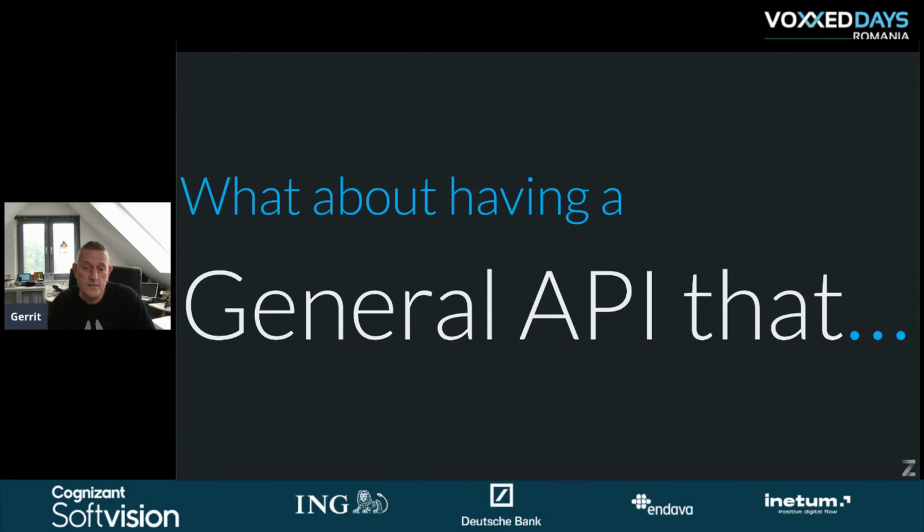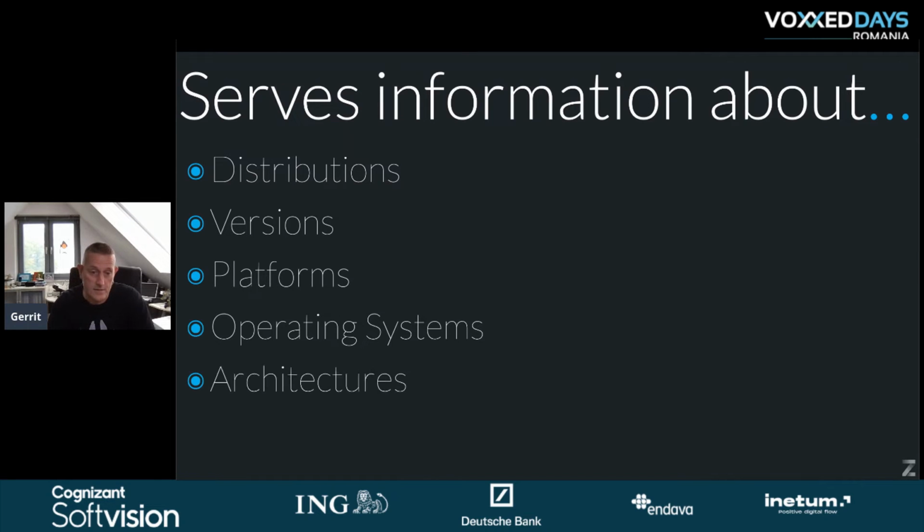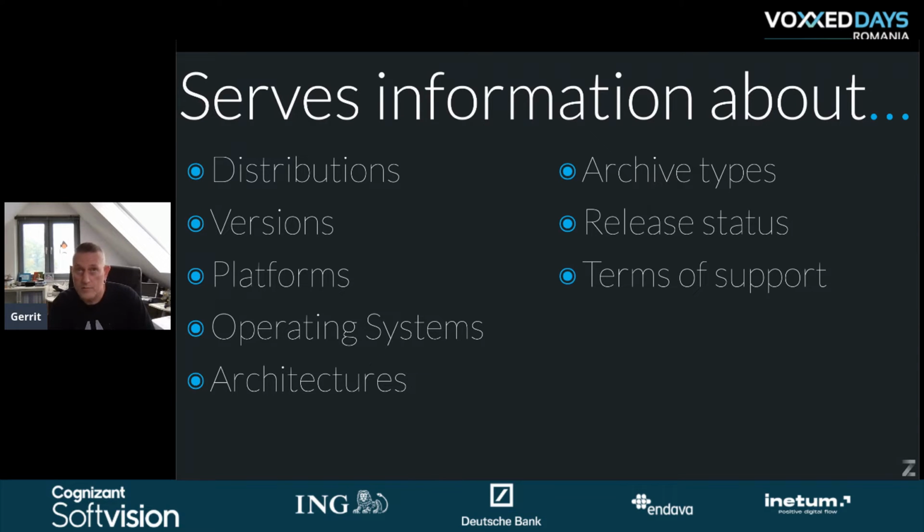So the idea is, what about having a general API that serves information about the distributions itself, the versions that are available, the platforms, the operating systems, the architectures, archive types, which is the file ending, if you like, the release status, which could be early access or general availability, terms of support, that means something like short-term stable, mid-term stable, long-term stable, or long-term support.